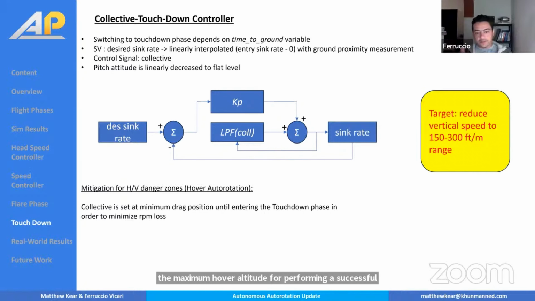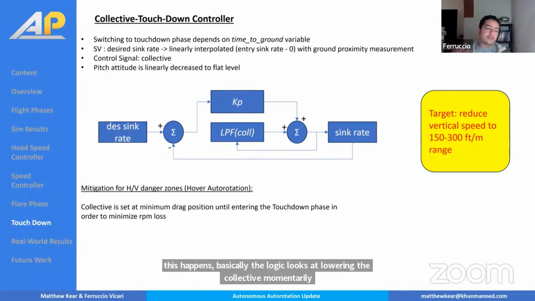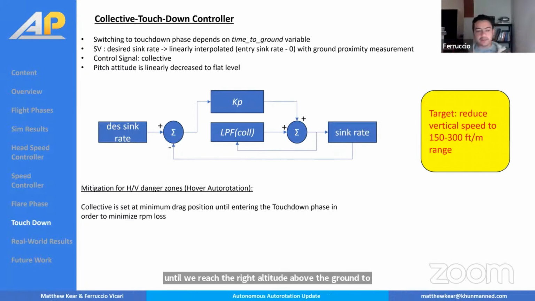If this happens, the logic looks at lowering the collective momentarily until we reach the right altitude above the ground to start increasing the collective again and cushioning the landing.